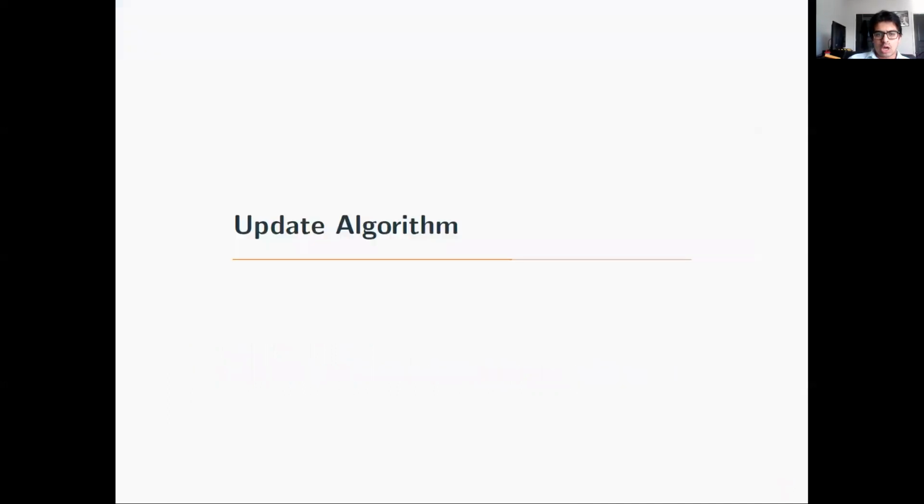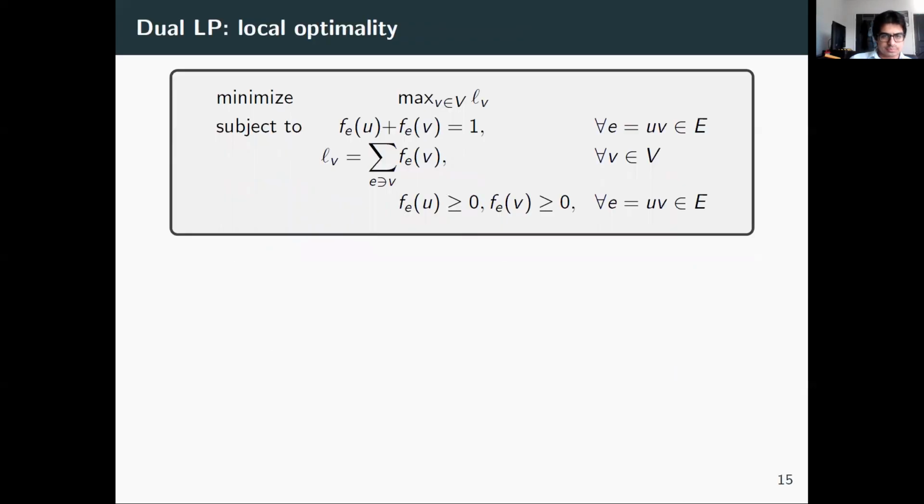So now we can get into the actual algorithm that we use, the update algorithm. So let's get into it, right? As we said, this is our dual LP. We have a load of 1, which we want to distribute among its endpoints, and we want to minimize the maximum load over all vertices, right?